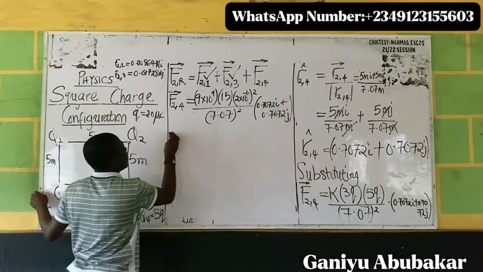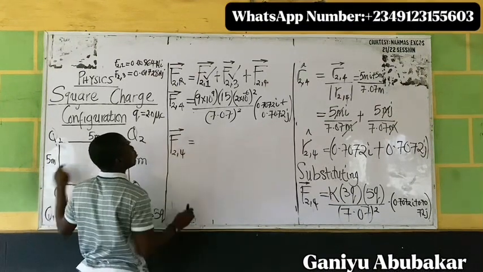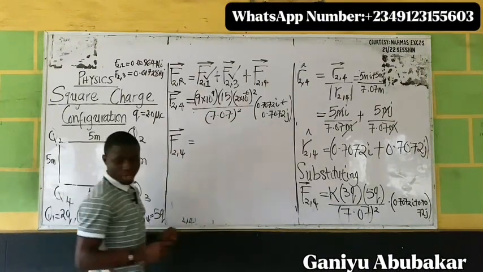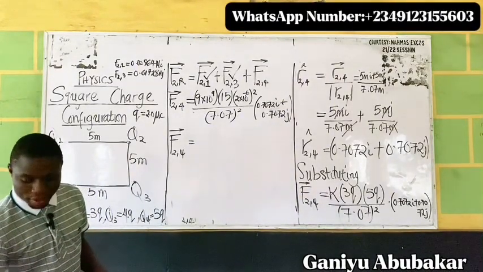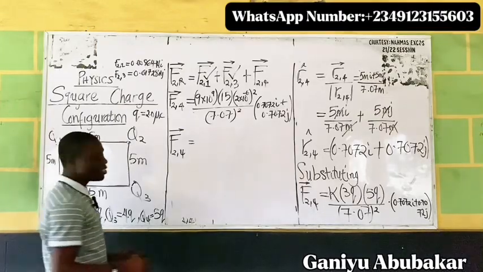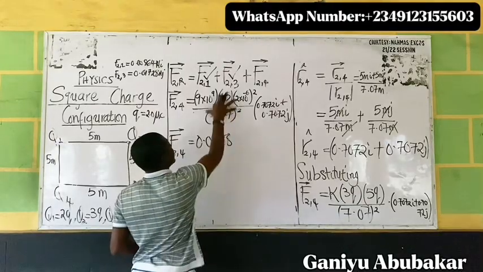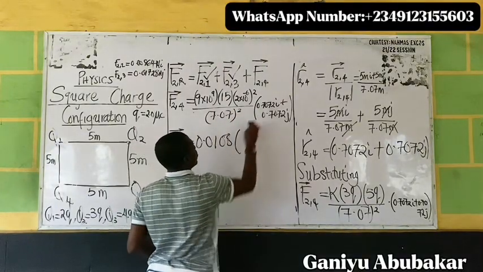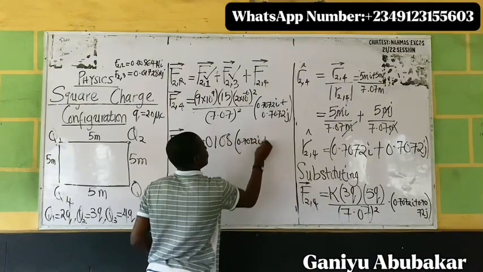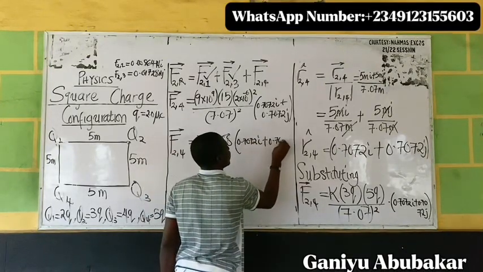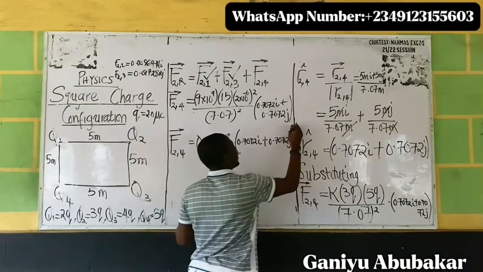Next task, F24 will be equal to, punch all these values here. If I punch correctly, I should have about 0.0108, everything into 0.707 I plus 0.707 J. I will expand.